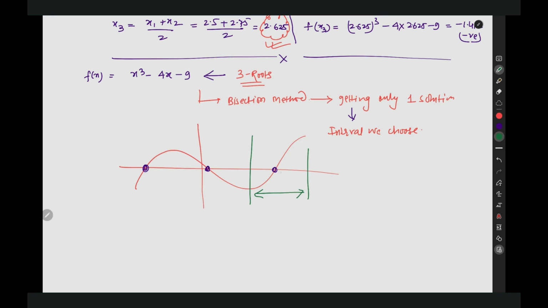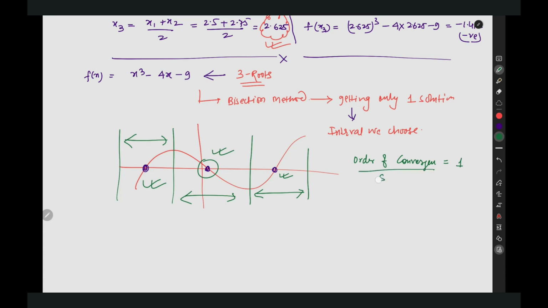If our guess was between these two, then we will proceed to this answer. If our guess was between this, we have got this answer. But we will converge to only one of the roots. That depends on the initial guess or the interval we have taken. The order of convergence is 1 because we choose a straight line.